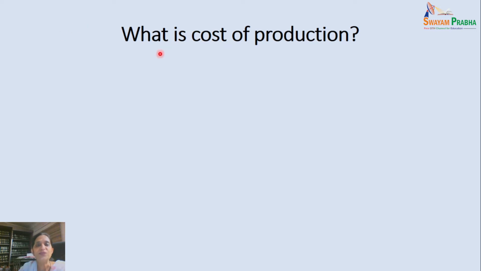The first question which should come to your mind, before we start this unit, is what is cost of production? What we did in the previous unit was we discussed what is a production function, wherein we said that production is transformation of inputs into outputs.